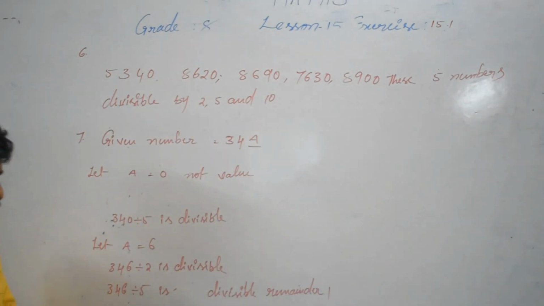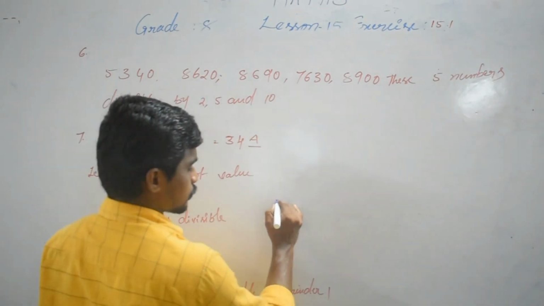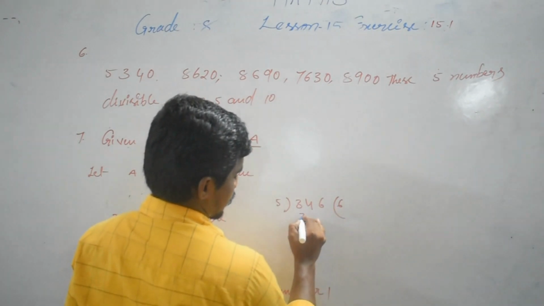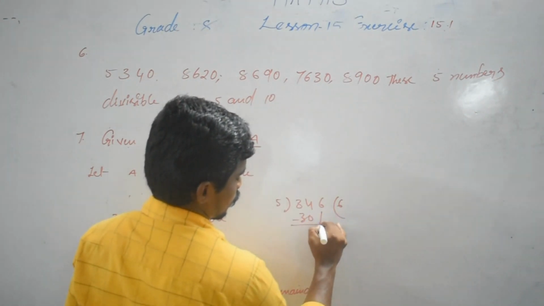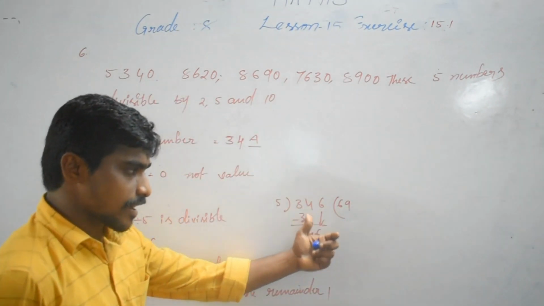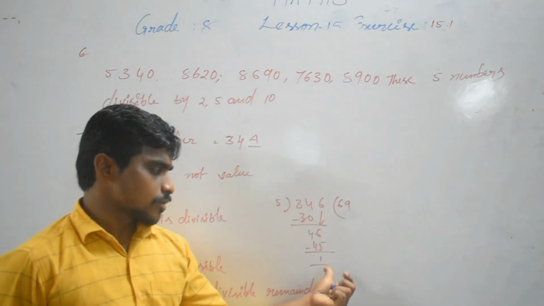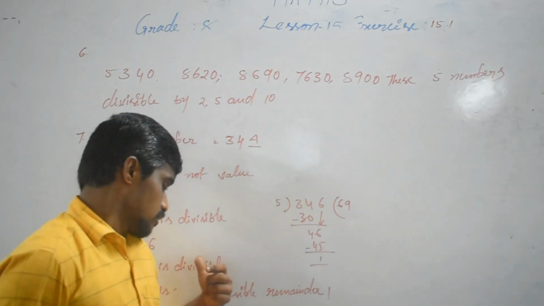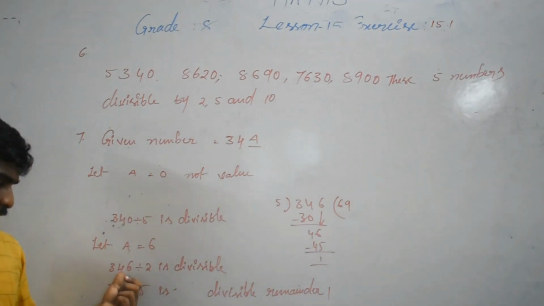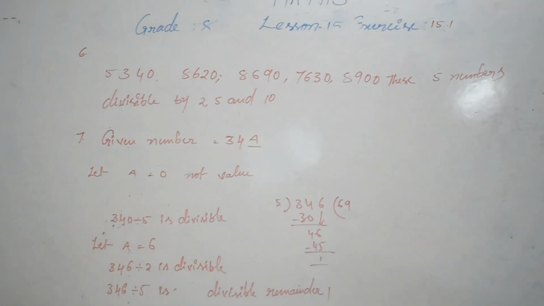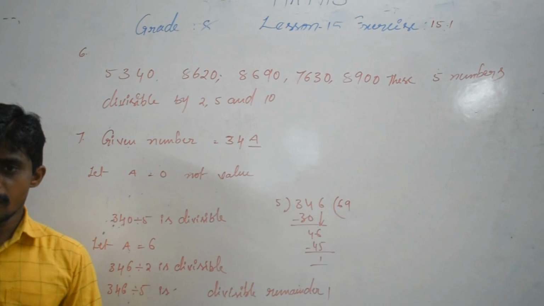So now the value of a is 6. Here, 5 sixes are 30, 5 nines are 45, remainder 1, so we subtract 1 to get 345. So keep 6 here, 346 is divisible by 2. So exercise 5.1 is finished. Shall leave the class. Take care.